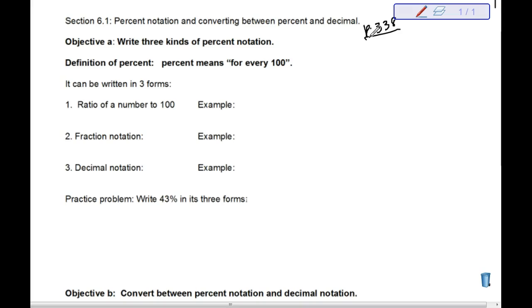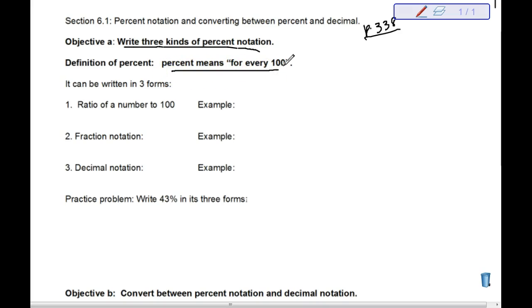So section 6.1 has a couple of objectives. The first one is to write three kinds of percent notation. We're going to be using these three kinds of percent notation to convert fractions and decimals and percents in the next section. So this is sort of defining our terms and getting started. They tell you on page 338 that percent means for every 100.